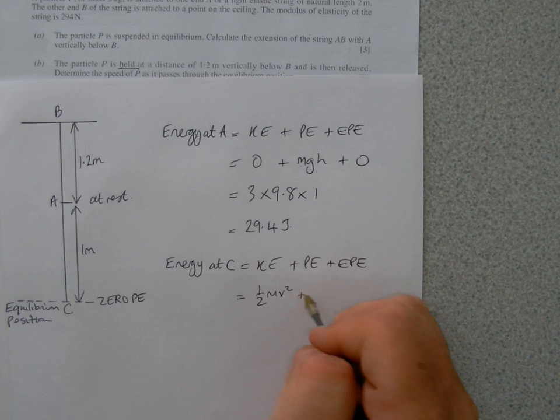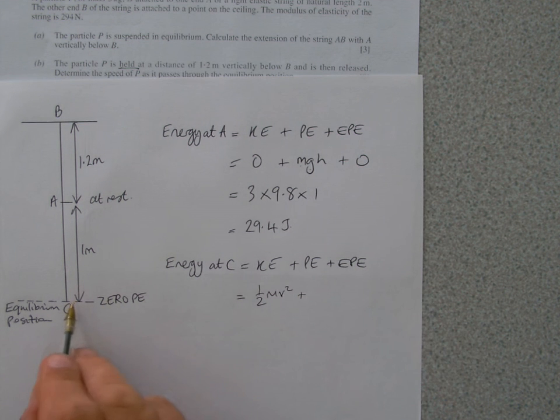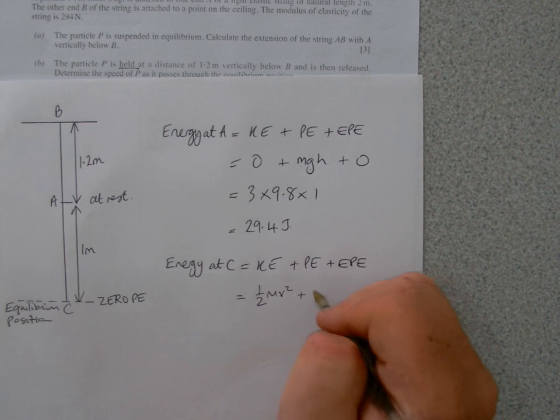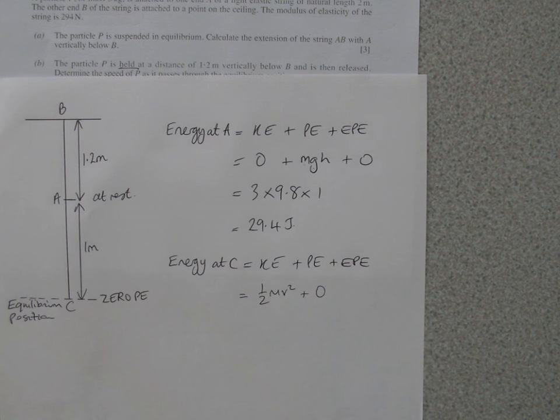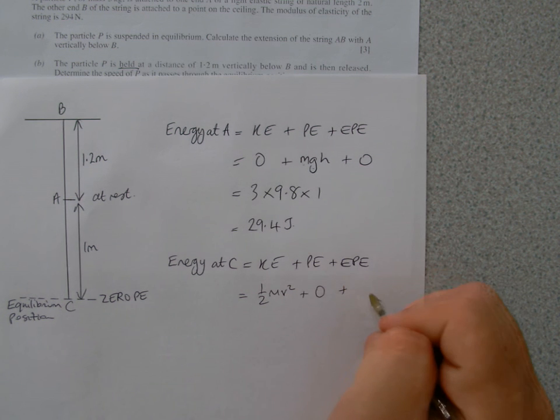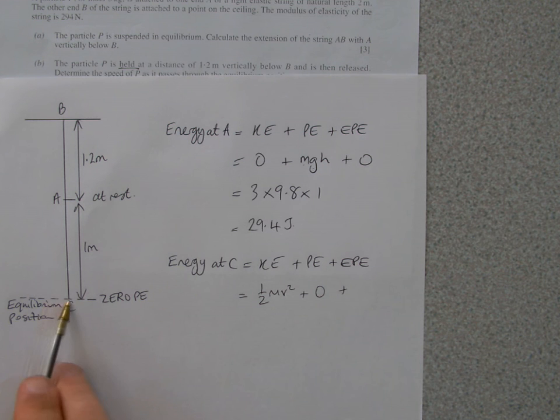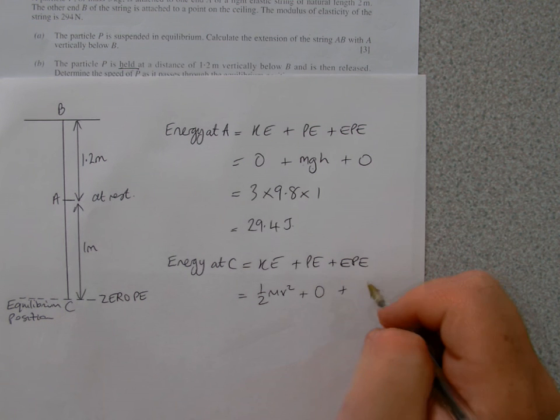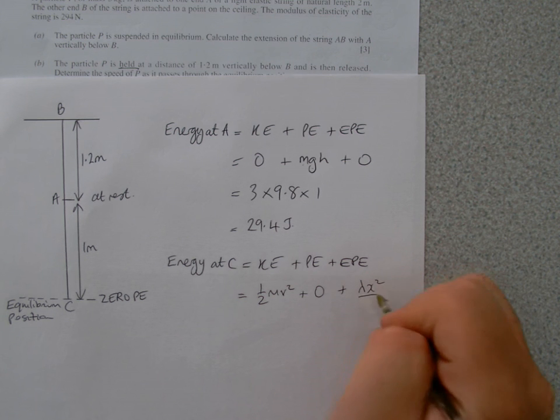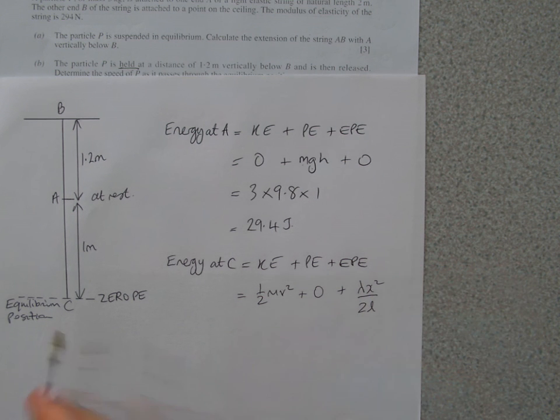Potential energy at C is going to be 0, because that's like the ground level, so to speak. And then the elastic potential energy at this position is going to be lambda x squared over 2l. We're going to use that formula because there's going to be energy stored in that string, because the string's stretched.